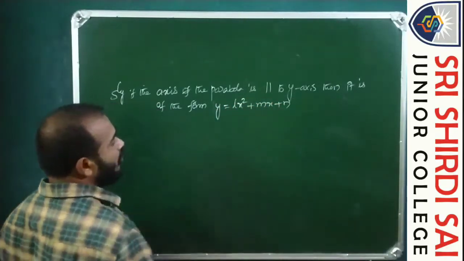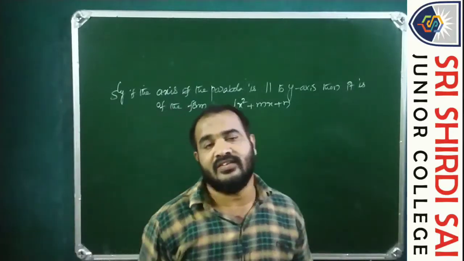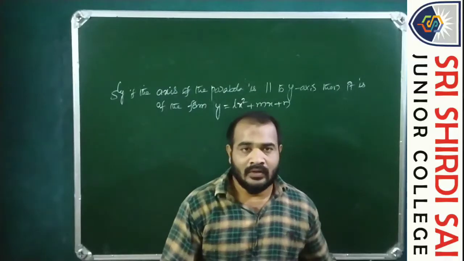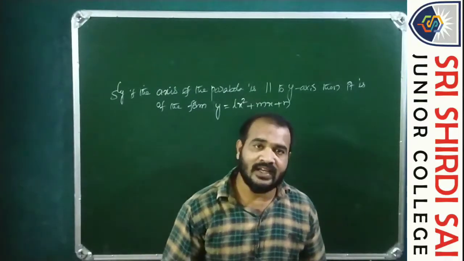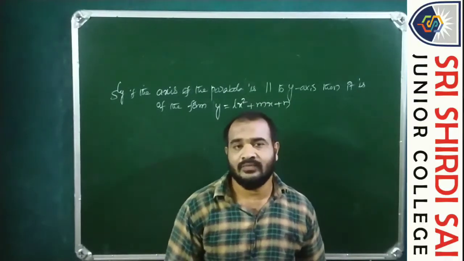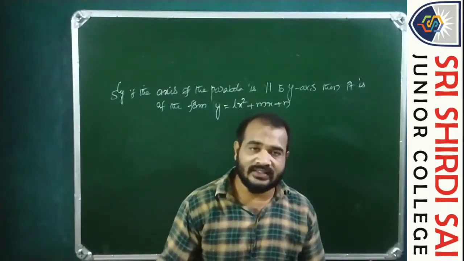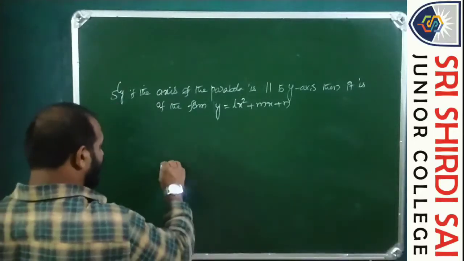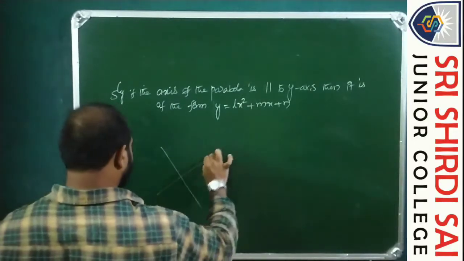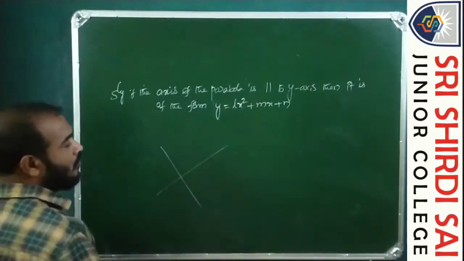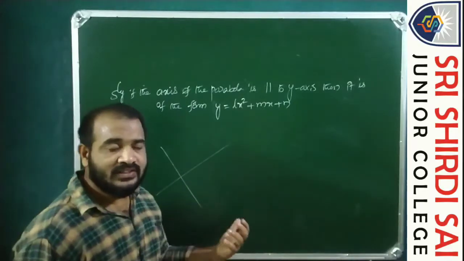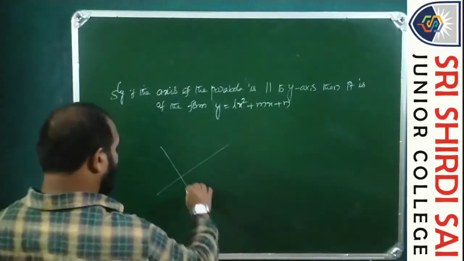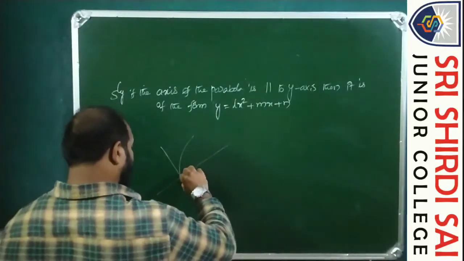So far we have discussed the various forms of the parabola. So whether it is symmetric about x-axis or symmetric about y-axis, or the axis is along x-axis, axis is along y-axis, etc. But there could be a possibility of a parabola whose axis is neither x-axis nor y-axis. Therefore, it would be a parabola of this kind.